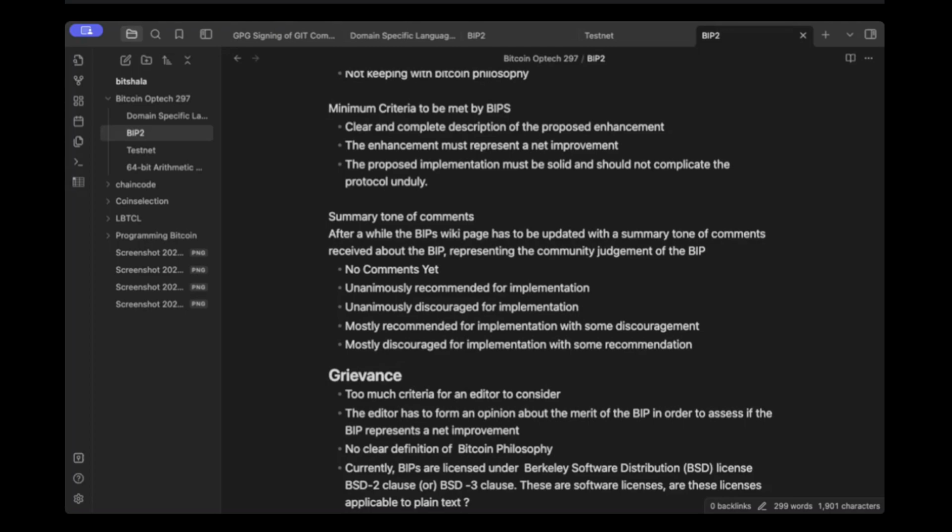After that, there is mostly recommended for implementation with some discouragement. The BIP is largely popular, but there are commenters or devs who do not want it. And the final category, mostly discouraged for implementation with some recommendation. It's like the opposite of whatever we discussed in the previous section.